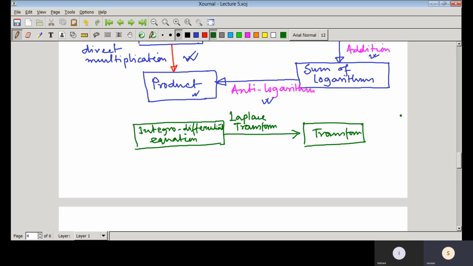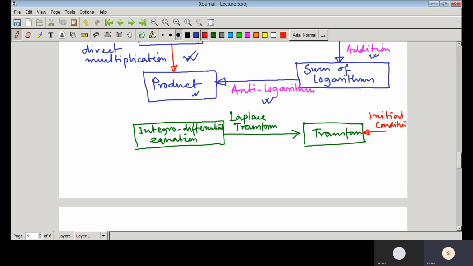Automatically the initial condition is included via this Laplace transform. That is one of the advantages of solving the differential equation using Laplace transform. You need not solve separately the homogeneous equation and the particular integral.